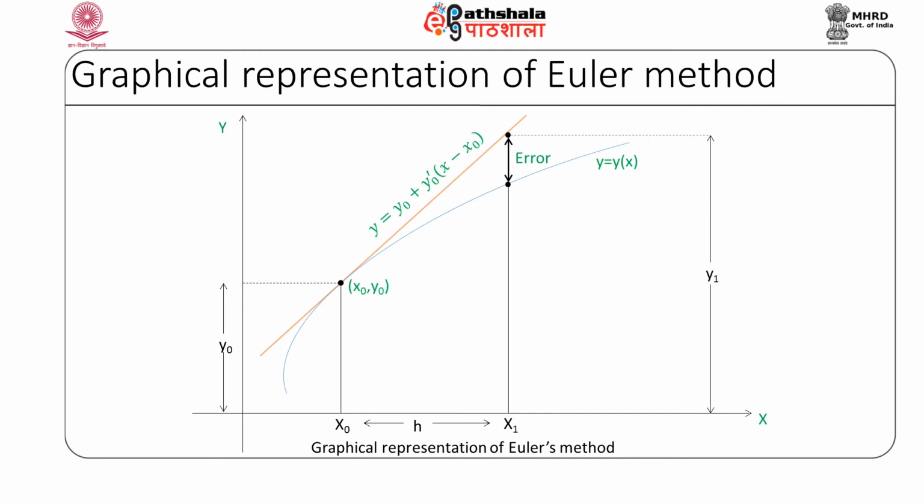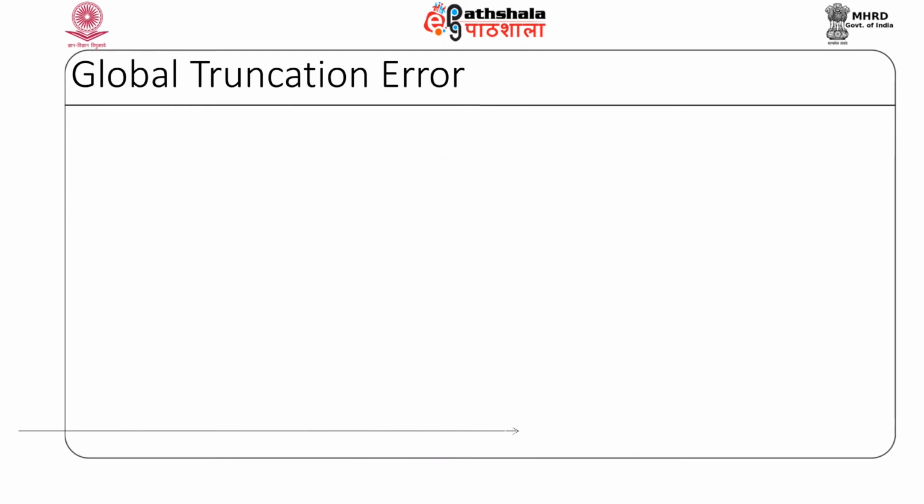At the point x1, we are estimating the value y1 as a point on the tangent line, but actually the point is on the curve, and you can see the error. This much is the truncation error, which occurs in the estimate of y at x equal to x1 due to ignoring the second and higher degree terms.